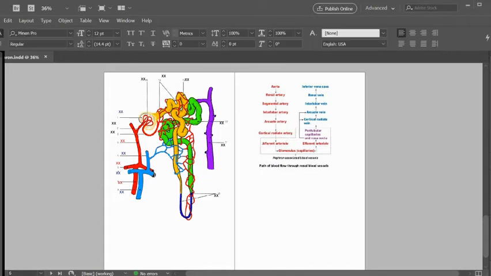So we're going to start down here with number 8 because that is the largest one. So that one is an interlobar artery. Okay, let's move up to number 5. So the next one here is arcuate.